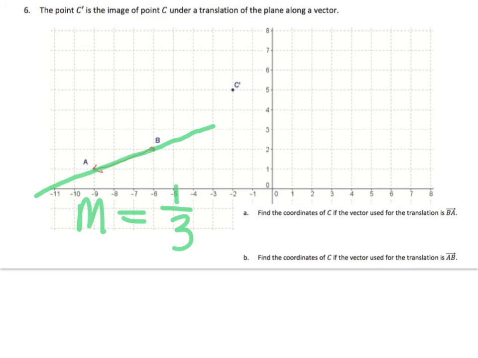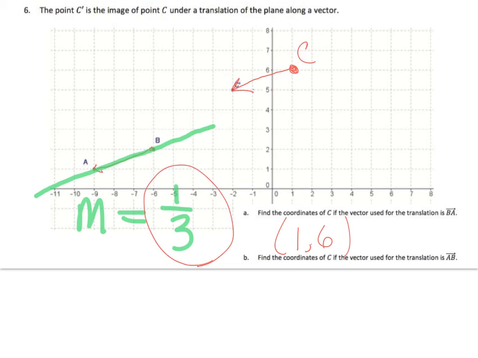Now we can use that same information, except we want to figure out where C is, where the pre-image is. So I'm going to use this in a backwards way and go backwards 3 and up 1. And that right there is where C is, because it went from C to C prime. So C is at the point (1, 6).